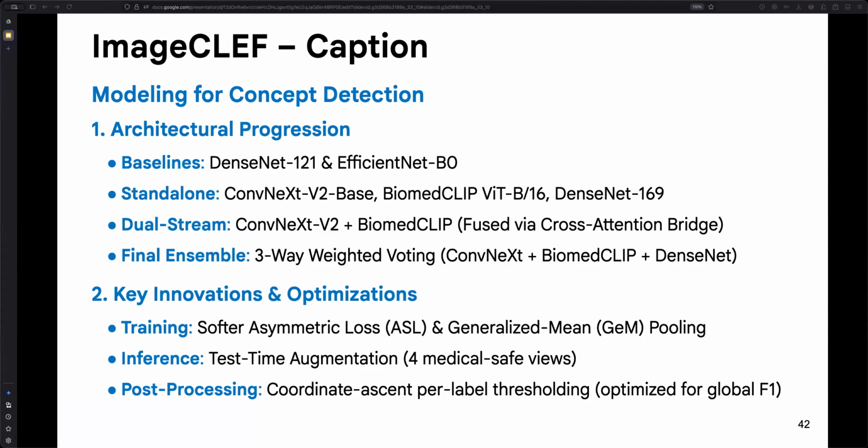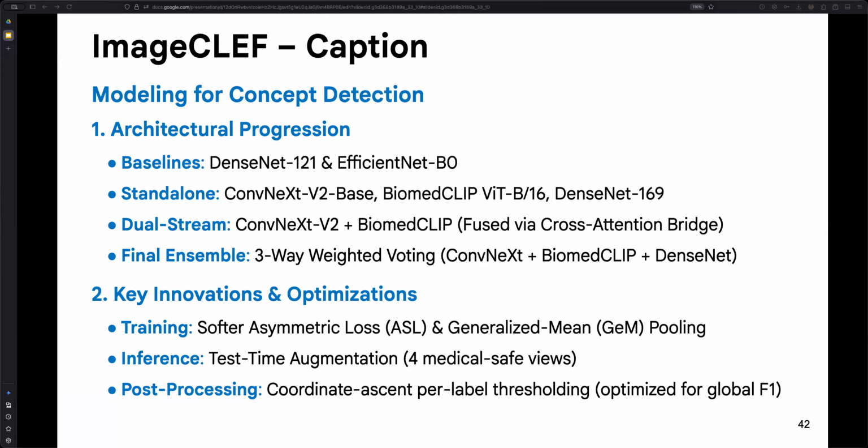Then we did the dual stream with ConvNeXt V2 and BiomedCLIP, fusing them through a cross-attention bridge. Then we also did the ensemble, both 2-way and 3-way. For the 3-way ensemble, we used ConvNeXt, BiomedCLIP, and DenseNet.